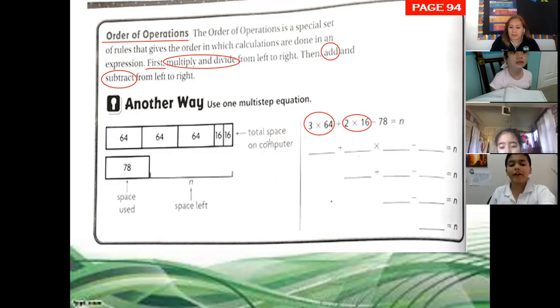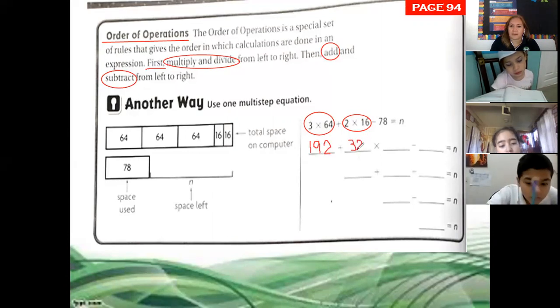The answer is 192. So this goes in this first line, 192. And 2 times 16 was 32, right? Okay, so we solved the first multiplication.